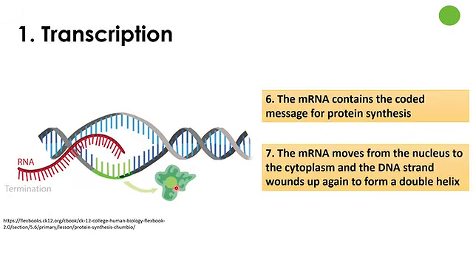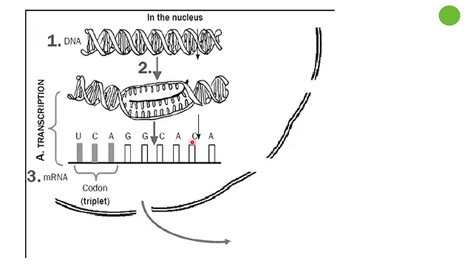So that's now going to move through the nucleus, through the nuclear pore, and the DNA will be allowed to form a double helix again. Here we can see this guy's now going to make its way out. There we've got our mRNA strand that was formed.